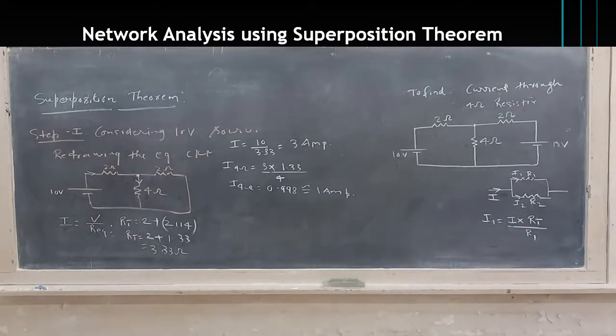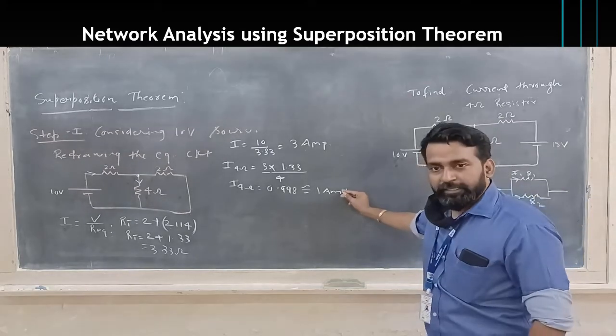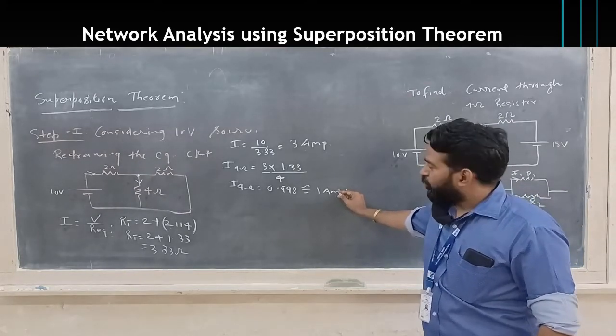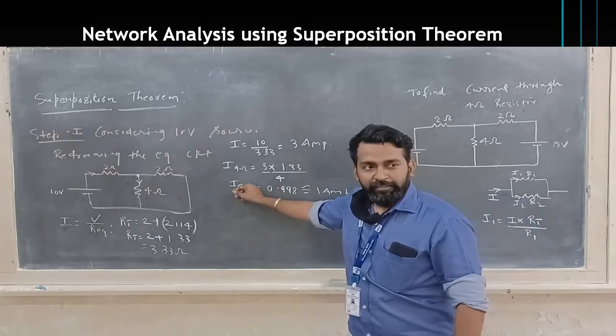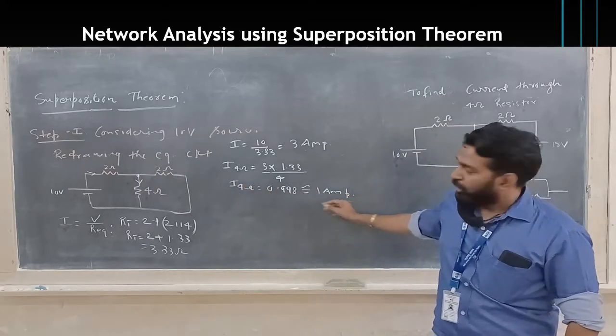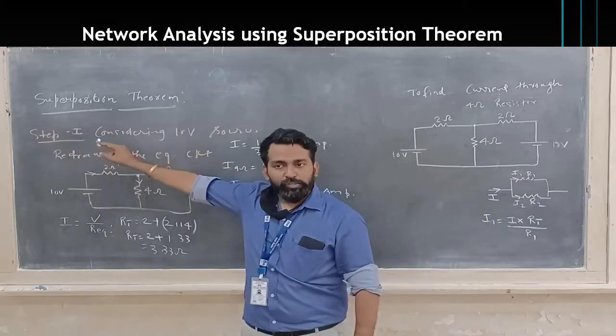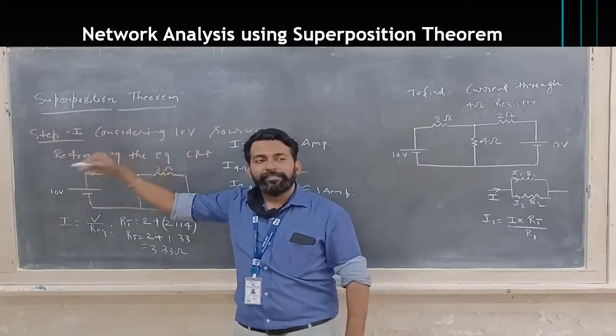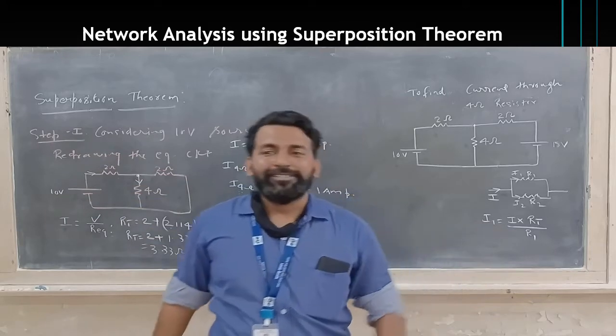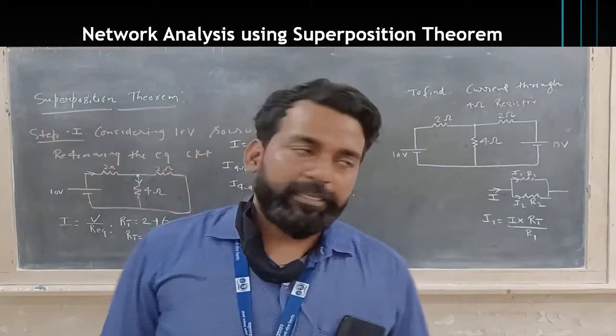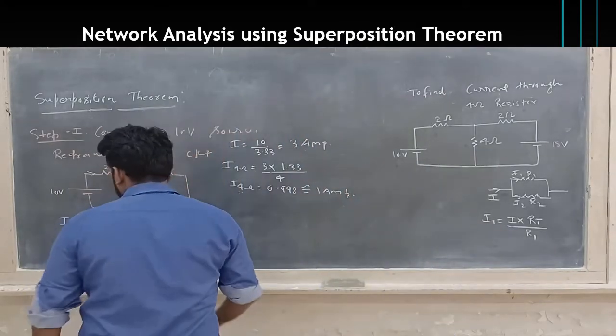You have considered one source and calculated the current through your load resistance of 4 ohm. You have to repeat this step for the other sources as well. Okay, now we'll move ahead. Step 2.